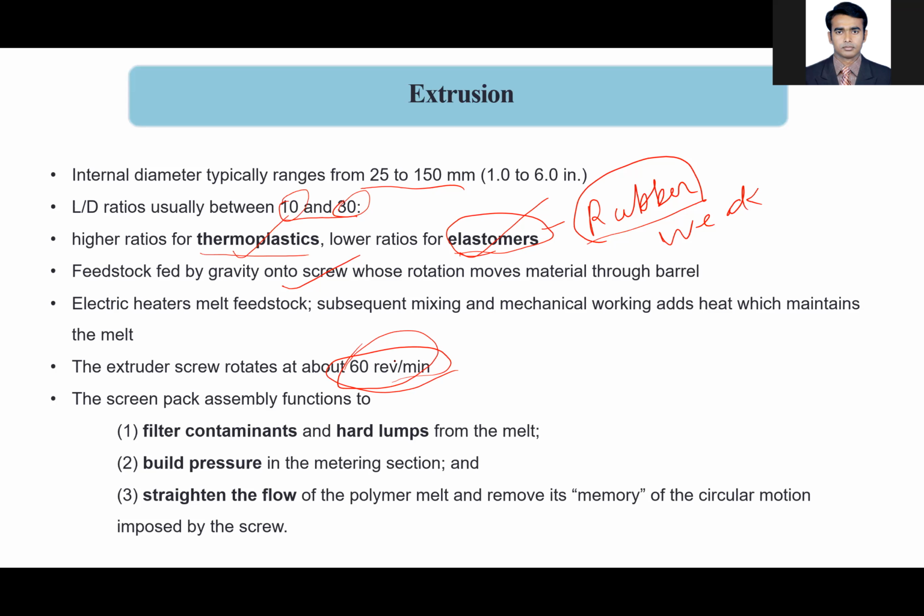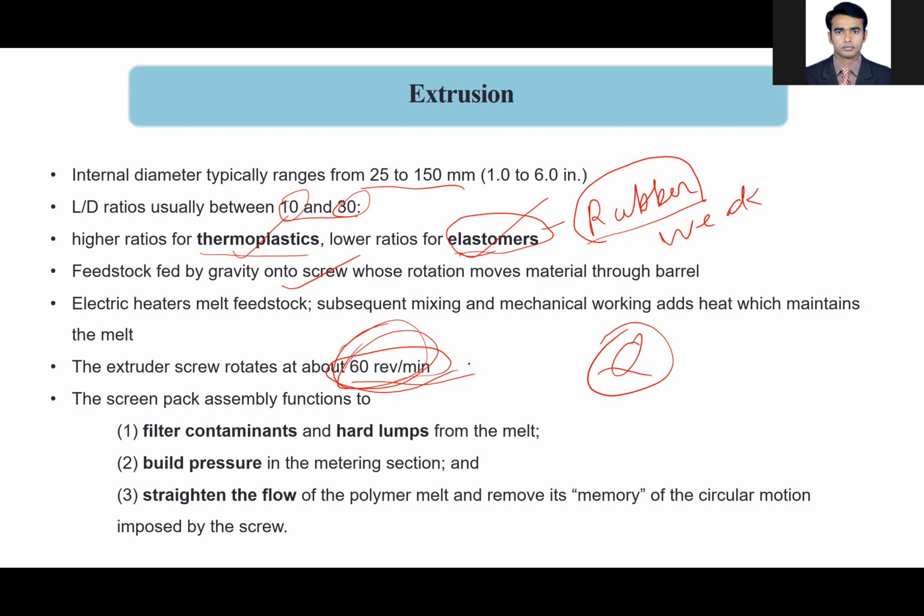Many other factors affect the revolution of the screw. If other things are constant, then the higher the revolution, the higher the material flow rate. That means the mass flow rate or volume flow rate Q of the plastic will be higher if we increase the extrusion screw rotation speed.